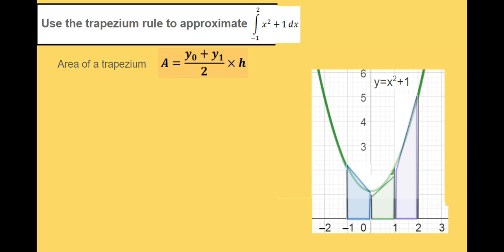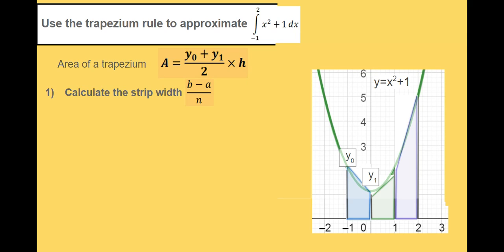Divide that by 2 and then multiply by the strip width. So we'll work out the strip width first. And just a note, we've called the verticals y0 and y1 in our formula there, and there they are marked on the graph. So calculating the strip width.